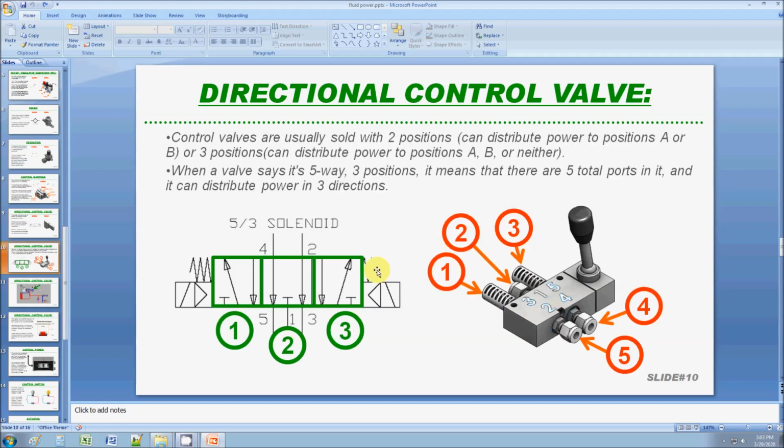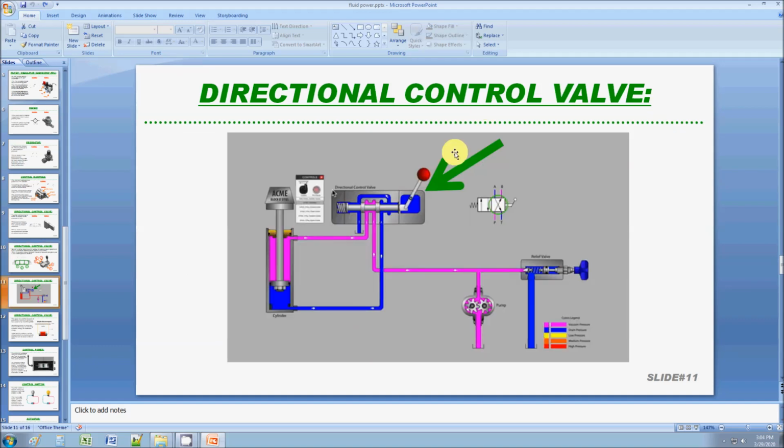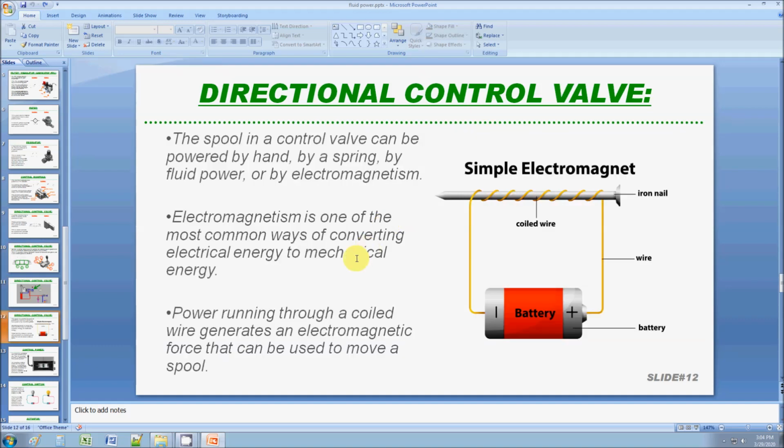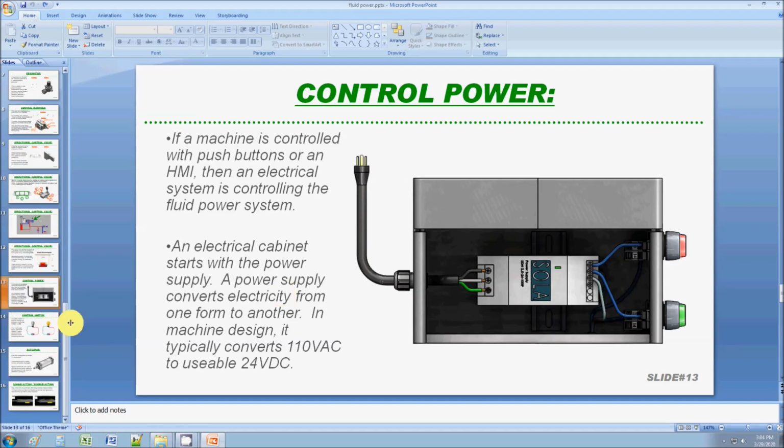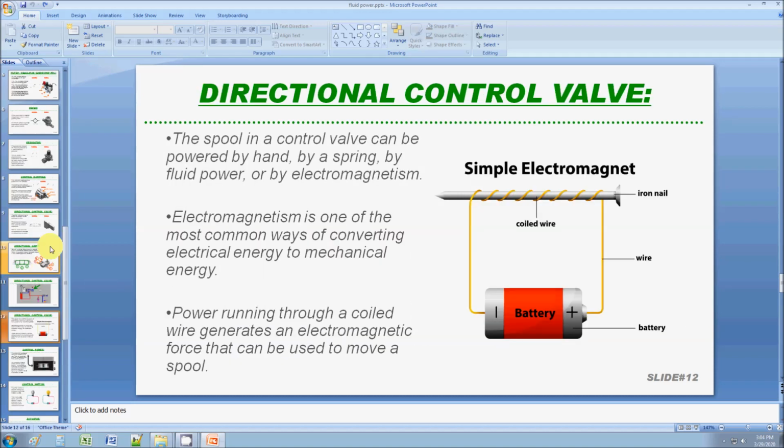For example, you see how it's got this symbol here? That just means spring return. When you see this symbol here, it means it's actuated by a solenoid instead of a mechanical lever. So what happens is you energize the magnet, okay? You energize it from here.